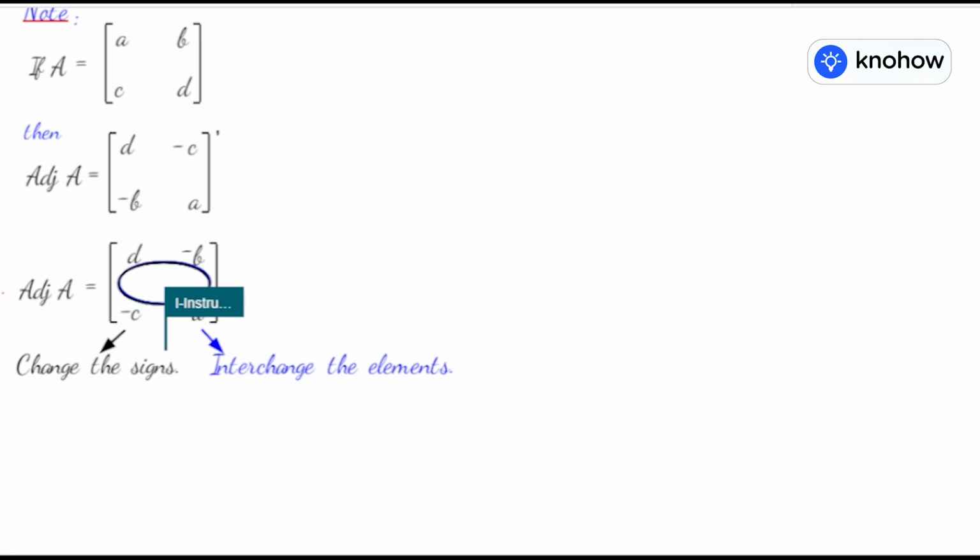So that is a shortcut way of finding or checking the adjoint of a matrix of second order. Now note down another important result. Let me call it theorem 1.